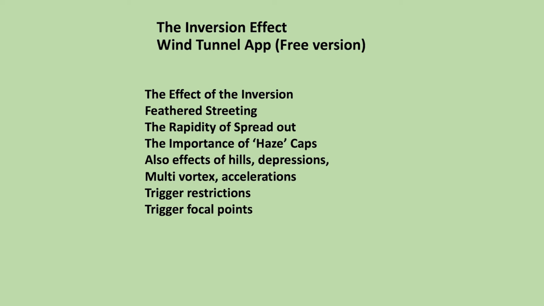Next thing we want to have a look at is the inversion effect then. So again, we can go to the wind tunnel app, which is a free version, and have a look at it, and we can see the effect of the inversion on thermals, how feathered streeting occurs, the rapidity of spread out.